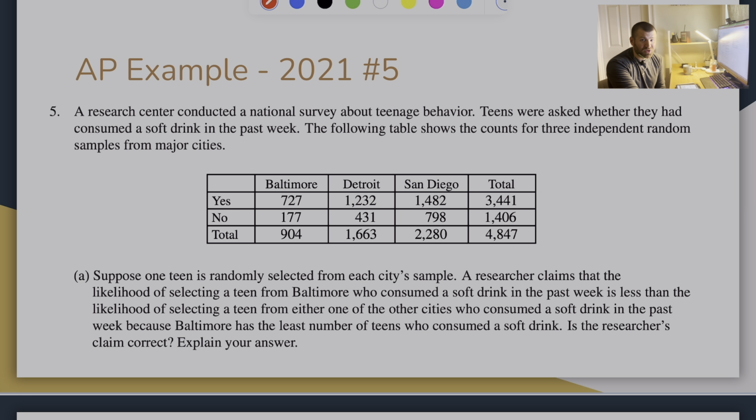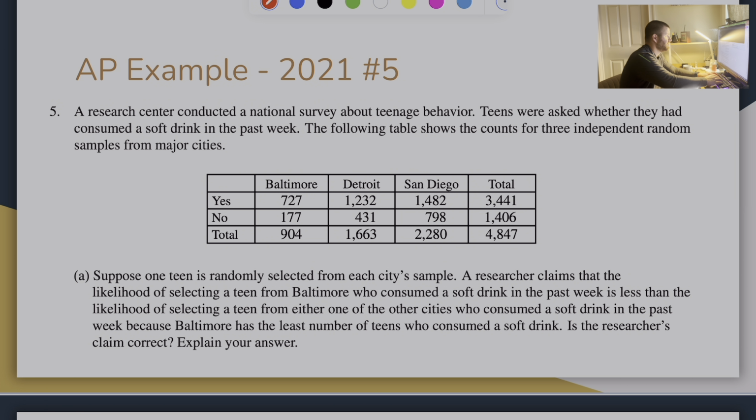So that is my category. Did you have a soda? Yes or no? And then I categorize them by the city they're in, and we're looking for, are the same proportion of kids in each city having soft drinks. And so we level the playing field by looking at proportions.